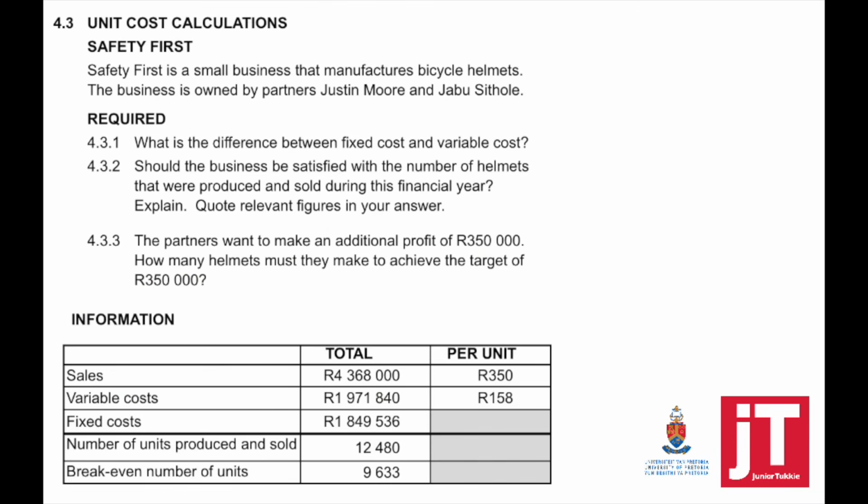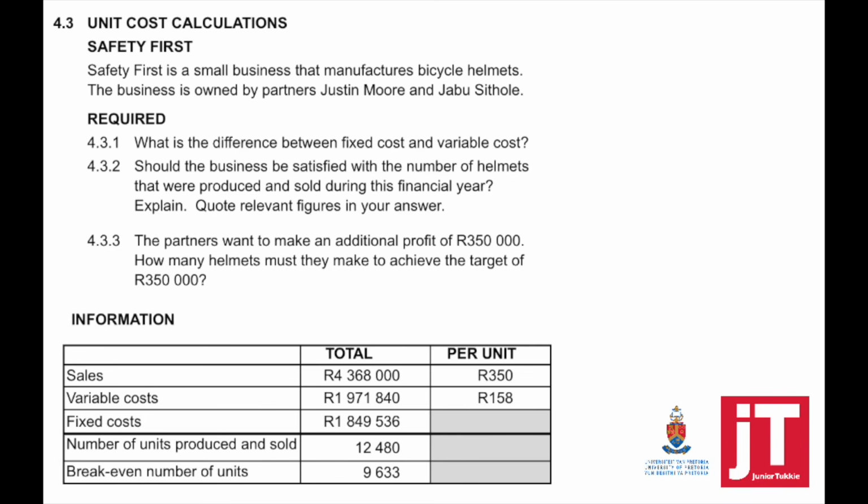Question 4.3, unit cost calculations. Safety First is a small business that manufactures bicycle helmets. The business is owned by partners Justin Moore and Jabu Sitole. Required, number 1, what is the difference between fixed cost and variable cost? Number 2, should the business be satisfied with the number of helmets that were produced and sold during this financial year?